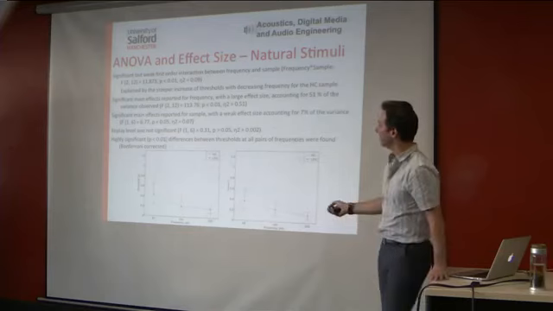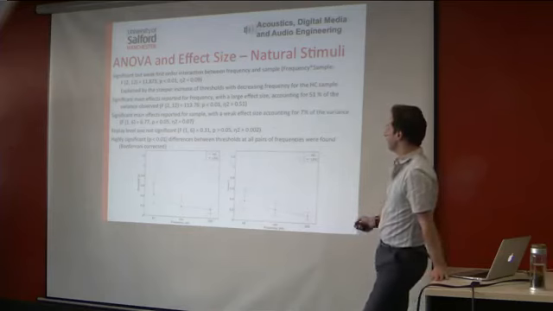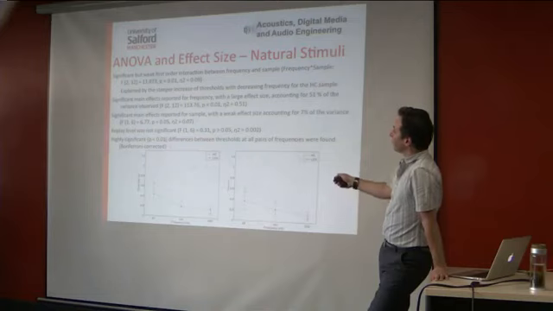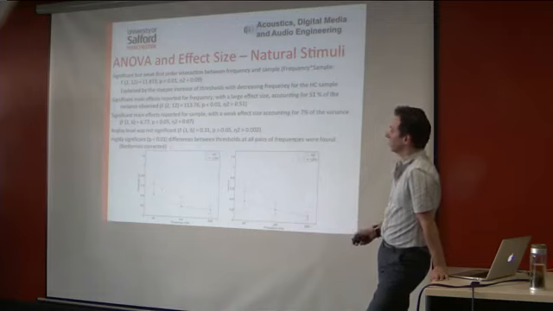And what we can see here are the results for 75 dB replay level and 85 dB replay level. When we look at the result for frequency, what that is telling us is that there is a significant difference between what we measure at 63, what we measure at 125, and what we measure at 250.